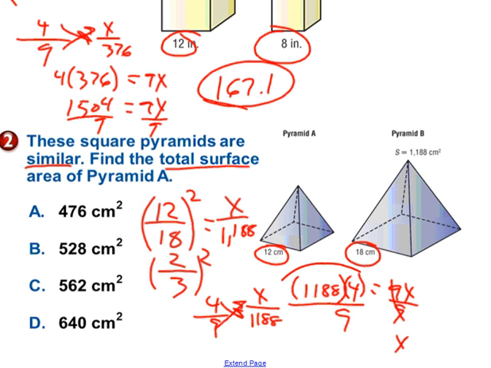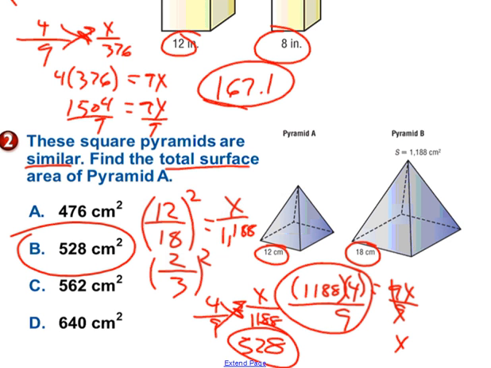I'm going to do this all on my calculator. 1188 times 4 is equal to 4,752, and I'm going to divide that by 9, and I get 528, which is the area for the smaller pyramid, which is letter B. So I think that is our correct answer.